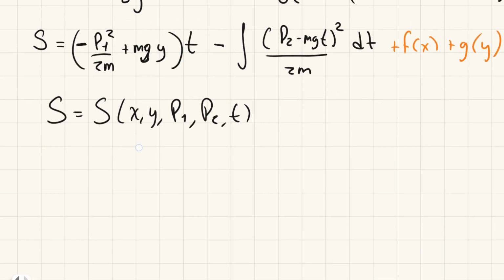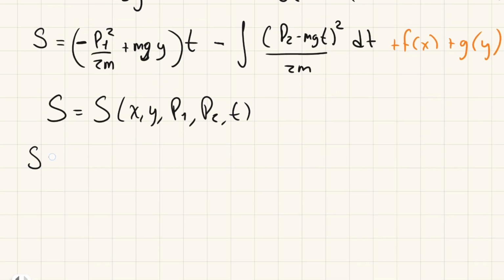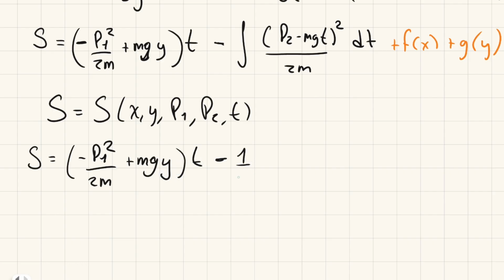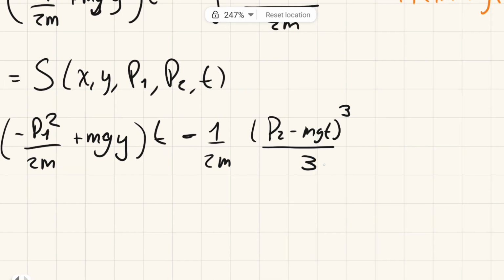So we are going to get that S is equal to minus p1 squared divided by 2m plus mgyt, and then if we take this integral, we are going to get 1 divided by 2m, and then p2 minus mgt to the third power divided by 3. But here we need to divide by minus mg.